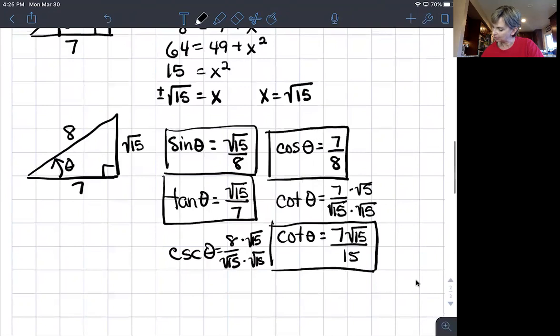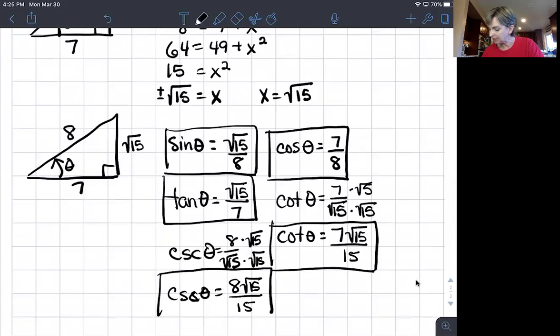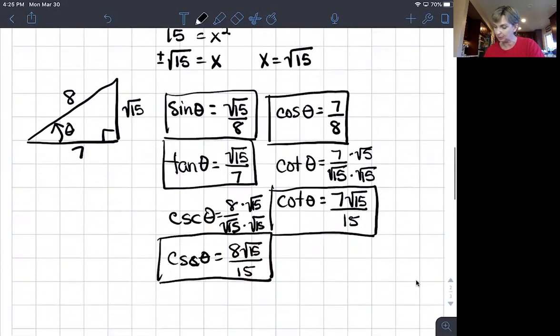Get rid of that square root. Cosecant gives us 8 square root of 15 over 15. If we could simplify that, we would, but we can't simplify an 8 and a 15, so that's going to be it. And then the last one is secant, reciprocal of cosine, which is 8 over 7. And we're done. And hopefully that agrees with everything that you had as well.